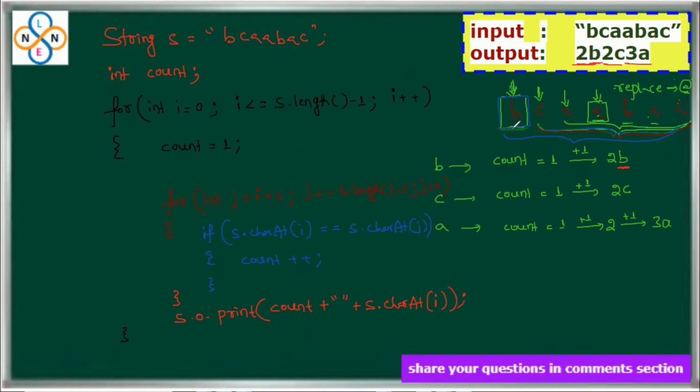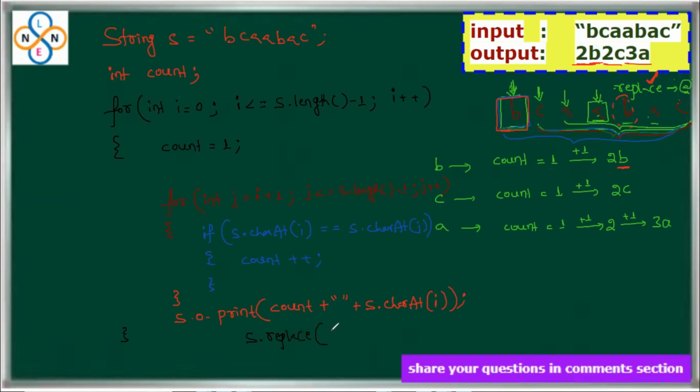And one more thing, once we consider the count of the first character b, to not repeat the same b once again, what are we supposed to do? We have to replace. Correct? I hope you remember. Then the same thing I am going to replace here. By using a method called replace on the s string object, we can implement it.